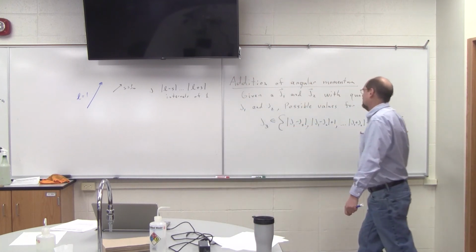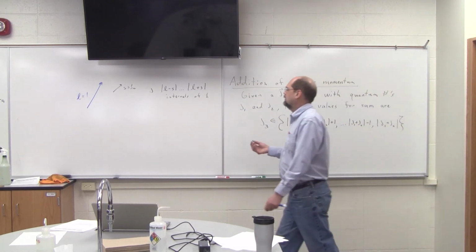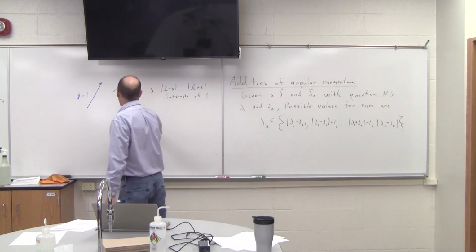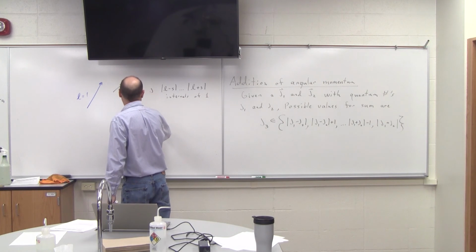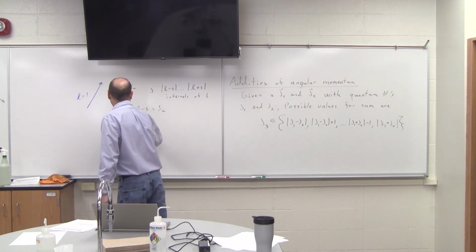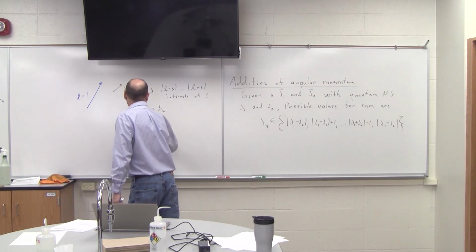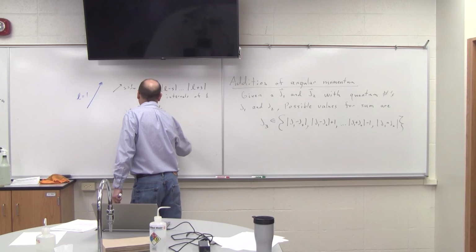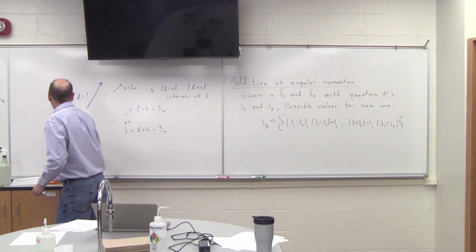That's just what I did here. So what are my possibilities? I can have J equal to L minus S equal to 1/2, or J equal to L plus S equal to 3/2. How does that work? Vector sum.